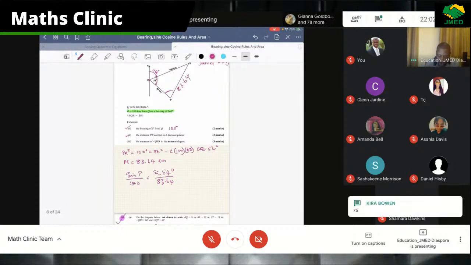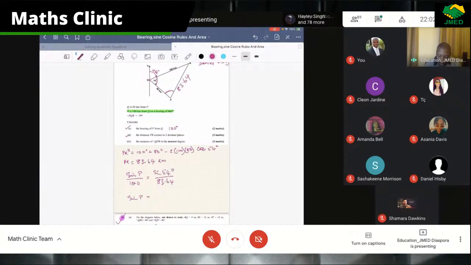So we know that sine P is equal to 100 sine 54 over 83.64. I would normally say P is equal to sine inverse of that.